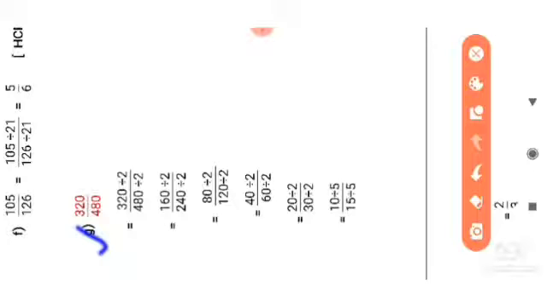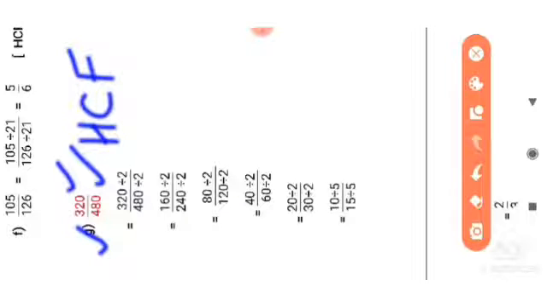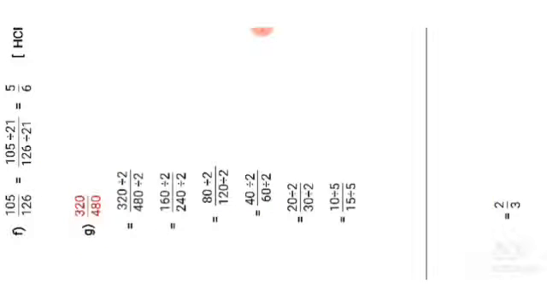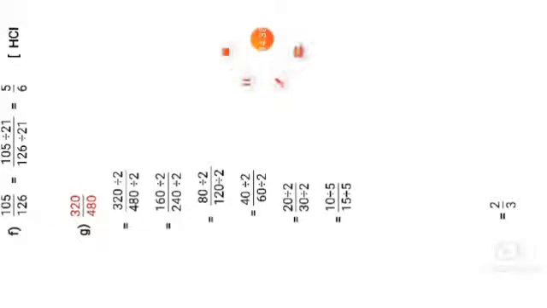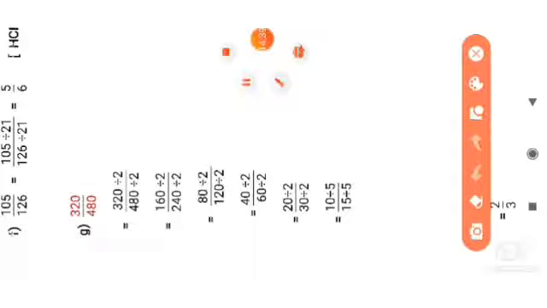So in this sum you can see the numerator is 320 and the denominator is 480. In the earlier case I told you to find out the HCF of numerator and denominator, but here we will not find the HCF. We will find the common smallest factor only. Let's start.